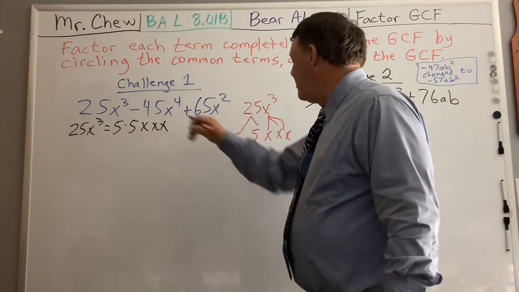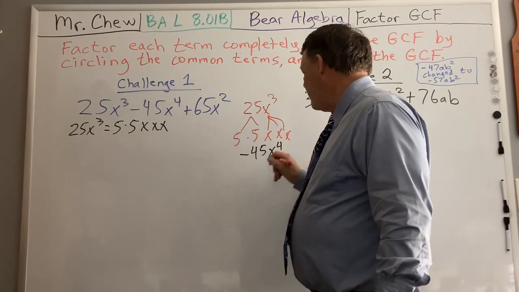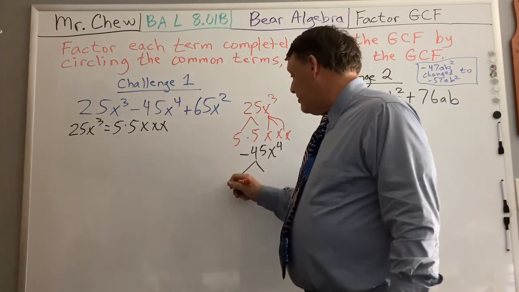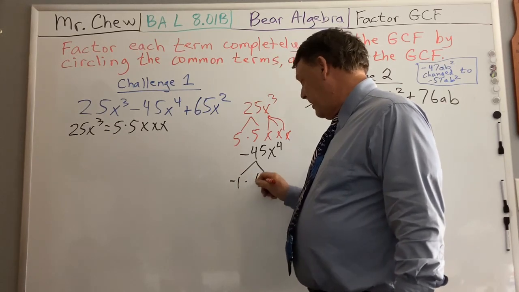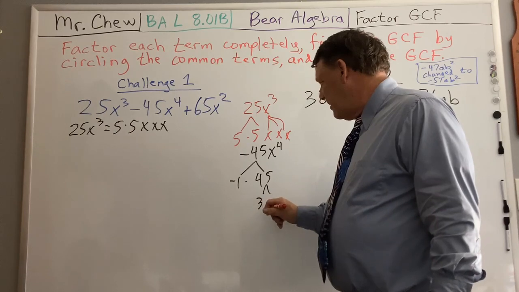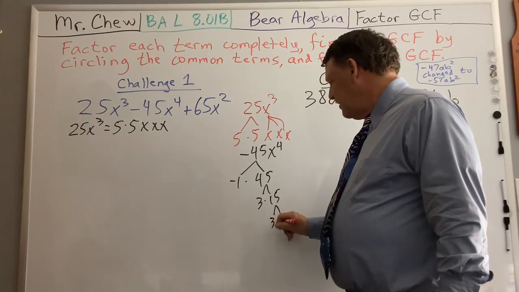All right, so now I do my middle term, my negative 45 x to the 4th. Well, in my instruction video when I was explaining how to do this, you always have to factor out a negative 1 first. Now the lowest prime is 3 times 15, and 15 is 3 times 5.